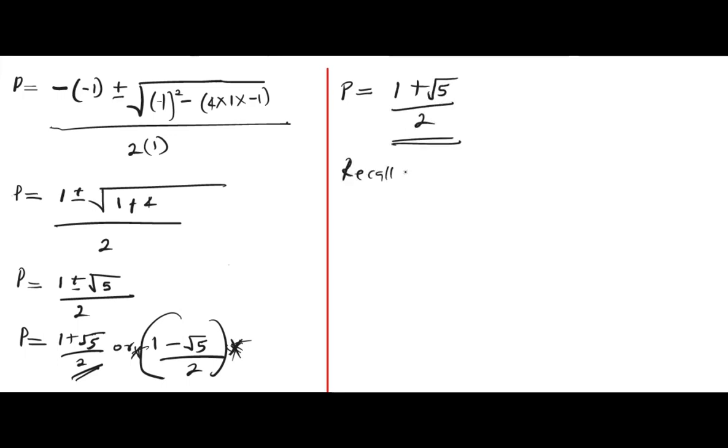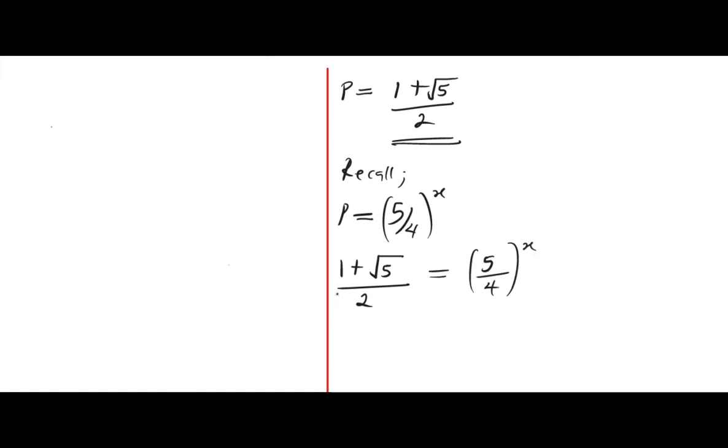Recall p equals 5 divided by 4 raised to the power of x. And p equals 1 plus root of 5 divided by 2, so 1 plus root of 5 divided by 2 equals 5 divided by 4 raised to the power of x.